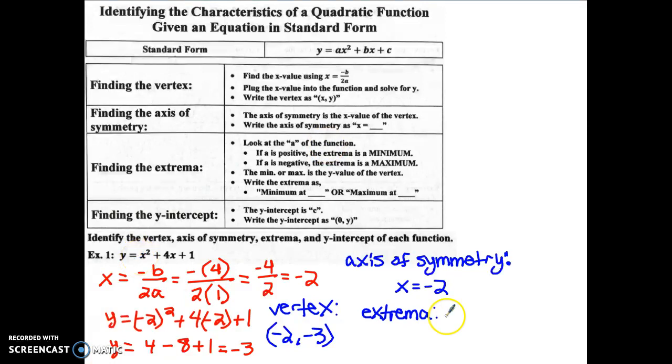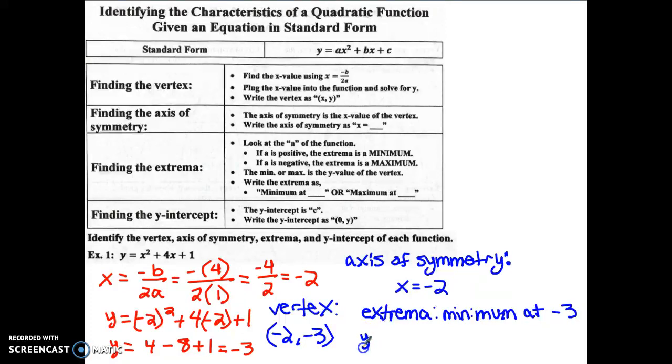So this is positive, so we know we're going to have a minimum. Sorry, I'm struggling to write today. Minimum at, and then we're also told that the minimum or maximum is the y value of the vertex. So we have a minimum at negative 3 because that's the y value of the vertex.